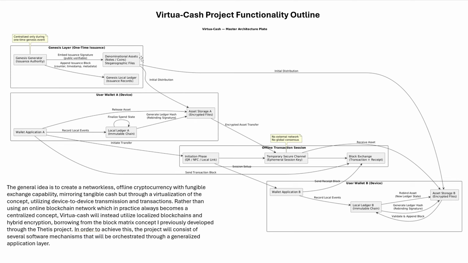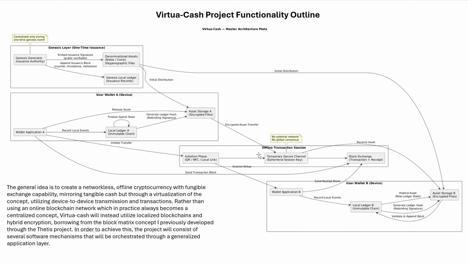Once the nodes have entered the ecosystem, we can then see here that we have user device A and user device B. And this is when all the other stuff we talked about with symmetric keys, with the individual blockchains, the block hashing, generating ledger hashes, and storing those inside of our assets, all of that happens on this layer here.